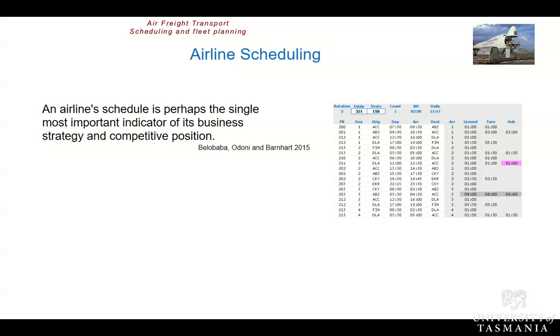In particular, it's talking about business strategy, in particular the marketing department. So they go hand in glove in some ways. The marketing department are making decisions around the markets, and the scheduling department are making decisions on the best schedule to meet those market opportunities.